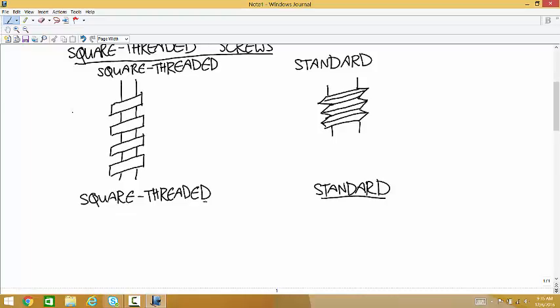A standard thread really has one advantage, but it's an important advantage. It's easy to make, and that makes it cheap to manufacture. And so as long as a standard thread works for your application, this is the one to use.